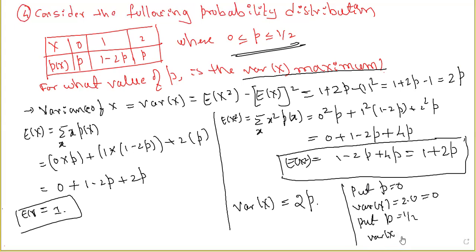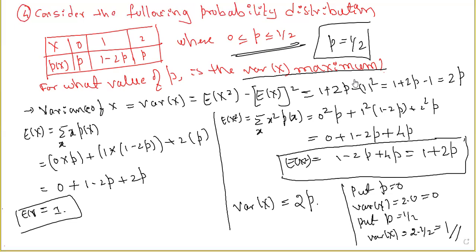So variance of x will be 2 into 1 by 2, that will be 1, right? So obviously, whenever p equal to 1 by 2, we have maximum variance, right? So for what value of p? p equal to 1 by 2.